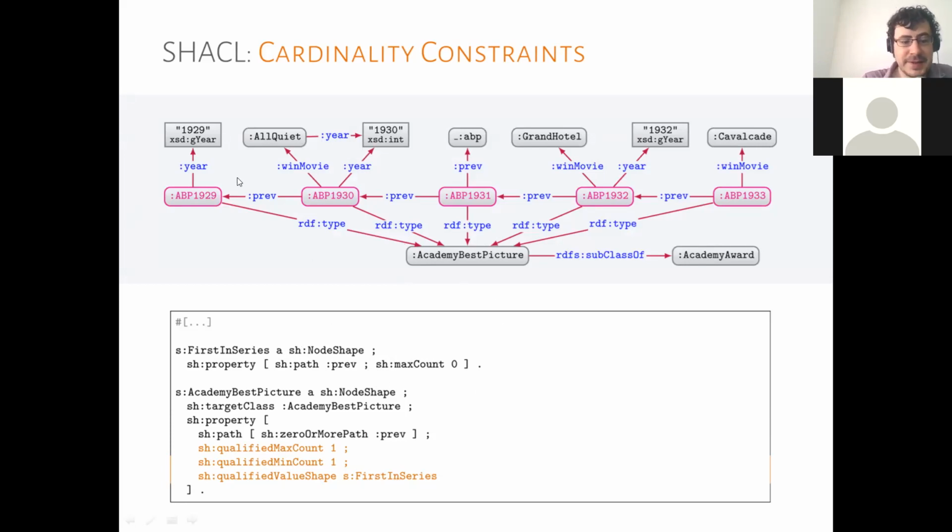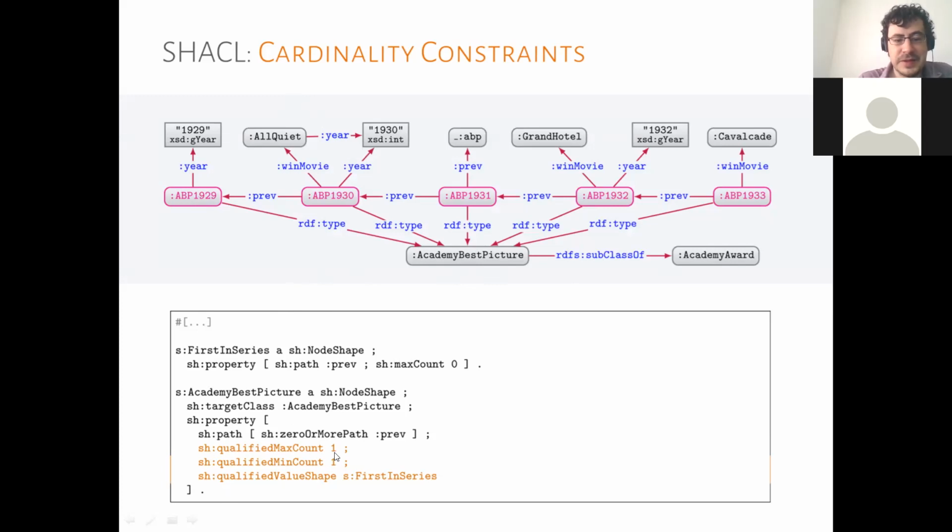So does this pass here? So we have 0 or more path of previous. So here, this node is connected by itself to this path because it's 0 or more path of previous. So this node is targeted because, first of all, these nodes are targeted because they're of type Academy Best Picture, which is the target class here. So this node here has itself on the 0 path, has itself on this property.